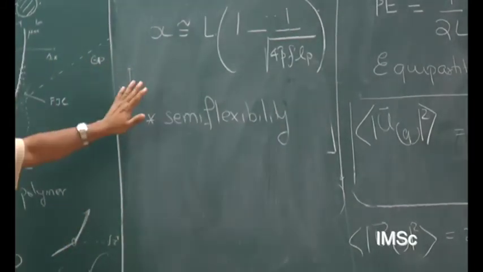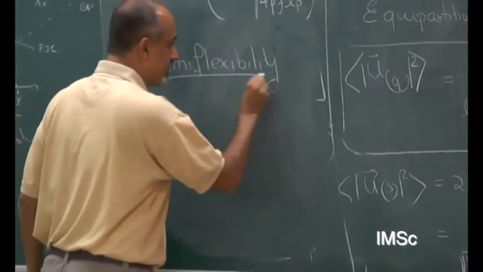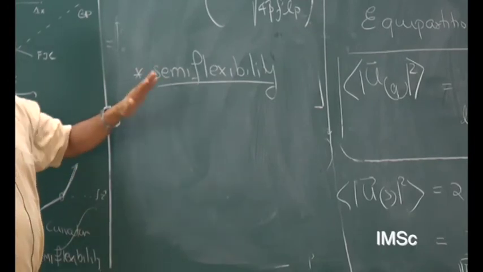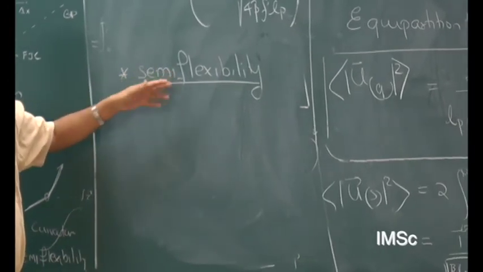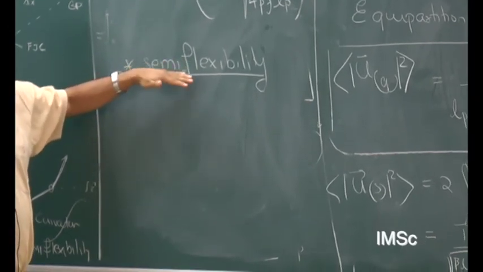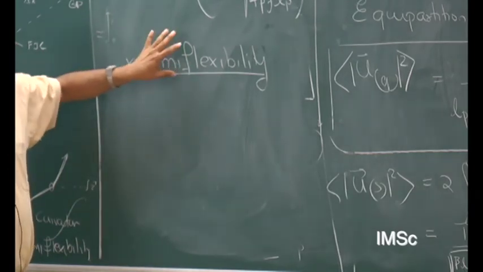That is an important result. And all of you will come across the word semi-flexibility in many different contexts in biophysics: semi-flexible polymer networks, semi-flexible polymers, semi-flexibility in membrane configurations, etc. It will turn up in many different places. So this is a reflection of the fact that curvature costs are important.